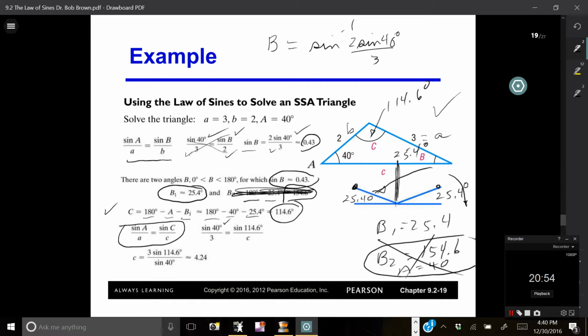A is 40 degrees, little a is 3, C is 114.6 degrees, divided by little c. Cross multiplying, we get that c is equal to 3 sine of 114.6 degrees divided by sine of 40 degrees, equal to 4.24. So now we've solved for c and solved the entire triangle.